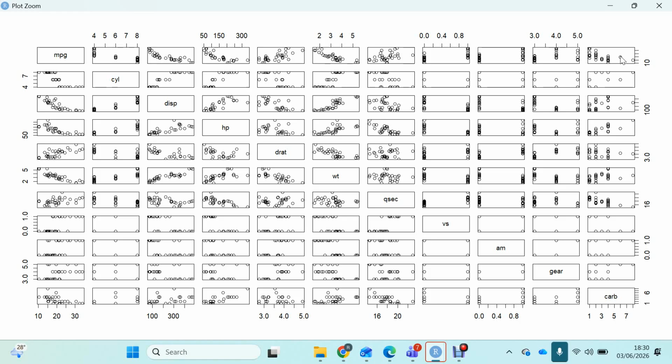Now, if you look at this, which variable is heavily related to MPG, whether in a positive manner or a negative manner? Please, let's hurry up.